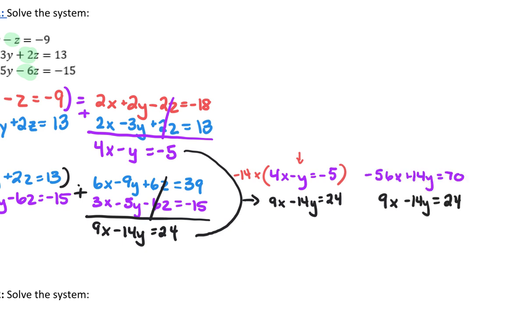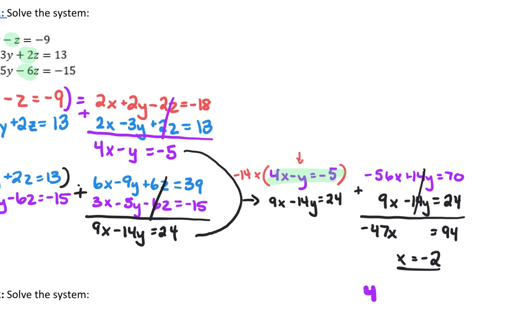This looks really bad, but it's not as bad as it seems. So when we go ahead and add, I get negative 47x. These will cancel. This is going to be 94. Oh, if you divide both sides by negative 47, you get negative 2. And then we're going to go back into maybe this equation here and go ahead and solve for y.